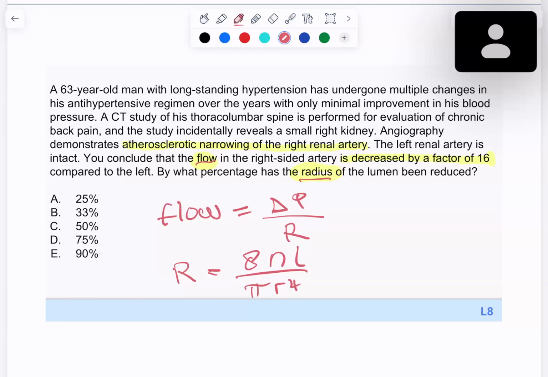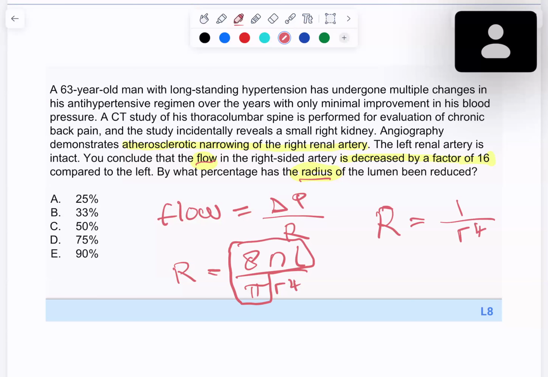So what we're going to assume for this equation is that this part of the equation is all constant, okay? And so I'm going to ignore the whole thing and focus on the relationship between the resistance and the radius. And so we're going to say that resistance equals 1 over the radius to the power of 4, okay?